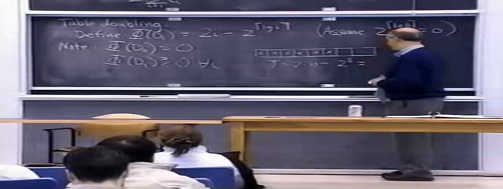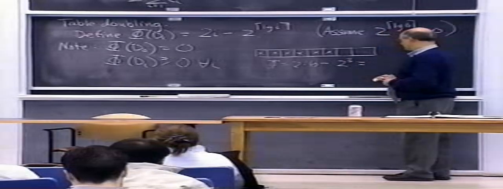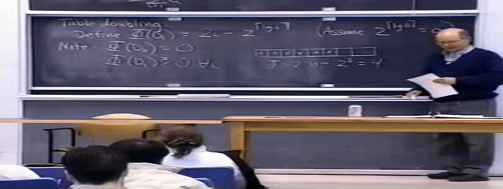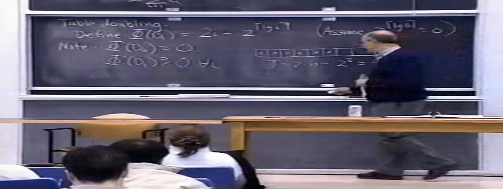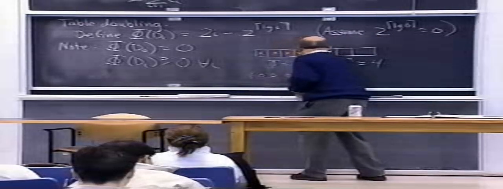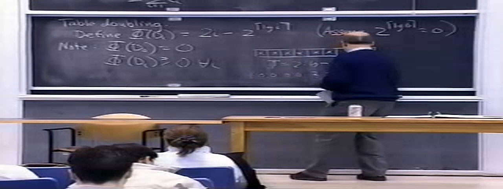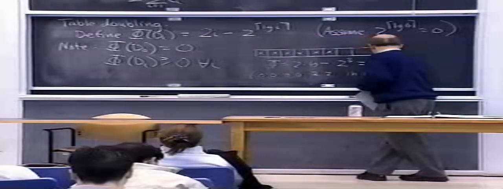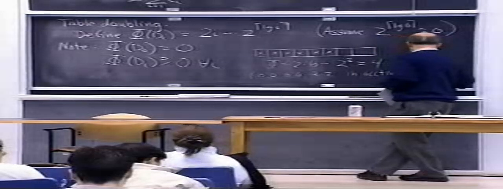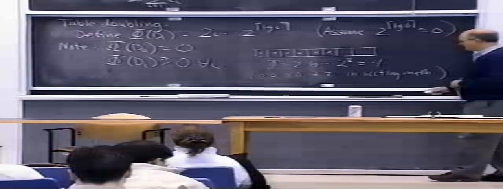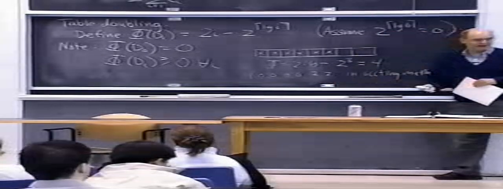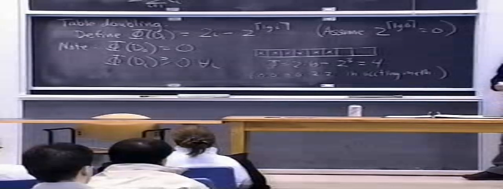What's that equal to? 4. Okay, and what is the situation in the accounting method? I basically have it being 0, 0, 0, 0, 2, 2 at this point, right? Okay, so it's 4, same thing. It's describing my bank balance.